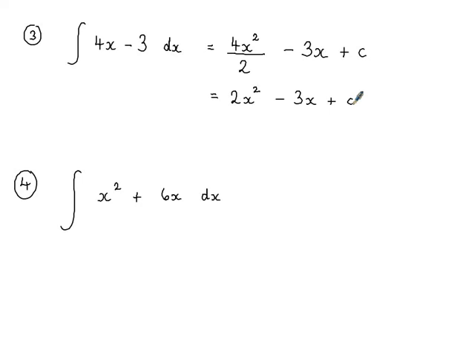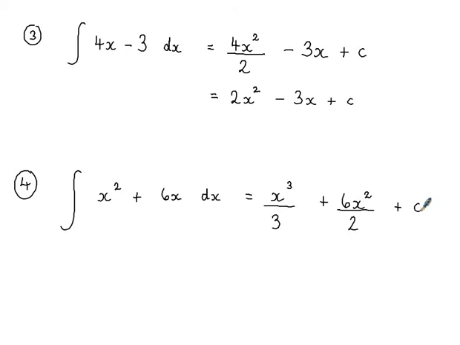Question 4 then. So we've got the integral of x squared plus 6x dx. Again, take your x squared, you're going to increase the power by 1 and divide by it. So we've got x, 2 add 1 is 3, and divide by that 3. The next term then, we've got our plus 6x, increase the power, so because we can't see the power it's a 1, so increase it to 2 and divide by 2, and don't forget your plus c.